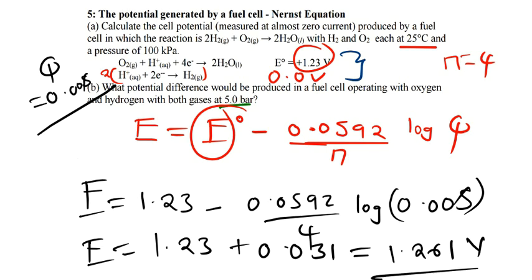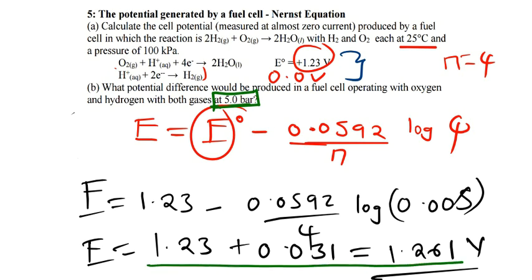So what difference are you able to notice here? What are you able to notice? So when we increase the pressure of the gases to 5 bar, we've observed that we've gotten a potential difference of 1.261 from 1.23, which is an increase.